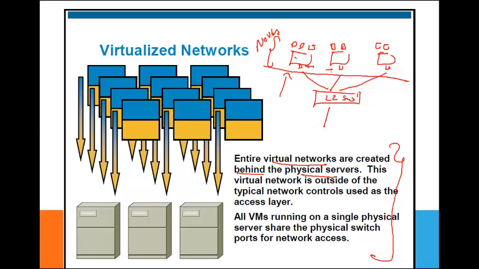Only a system admin, or the VMware engineers, VMware admins, can see each VM, and only they can assign some VLANs here. But the network engineer has no visibility down to this VM level. He can see only up to this NIC card level, the physical level.